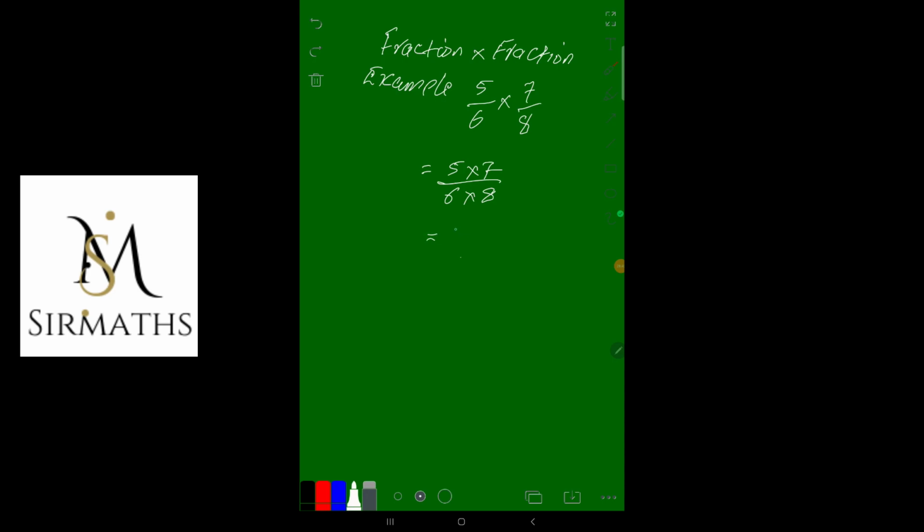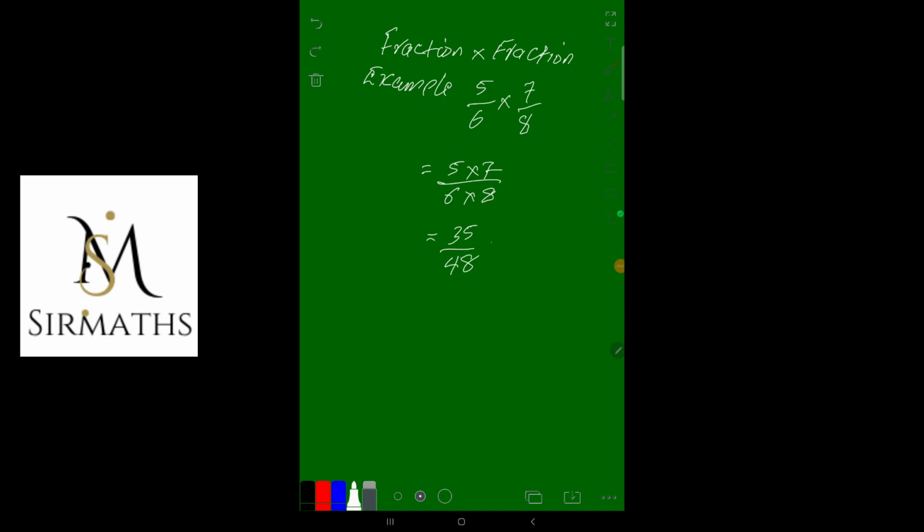5 times 7 will give us 35, while 6 times 8 will give us 48. We simplify where possible. But for this very matter, there's no factor that can divide 35 and divide 48.